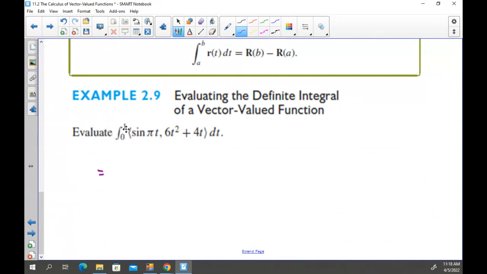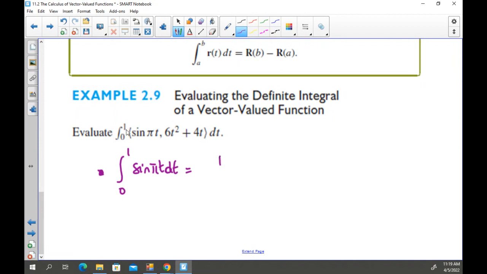So let's calculate each one separately if you want. You will have the integral of sine pi t dt from 0 to 1.